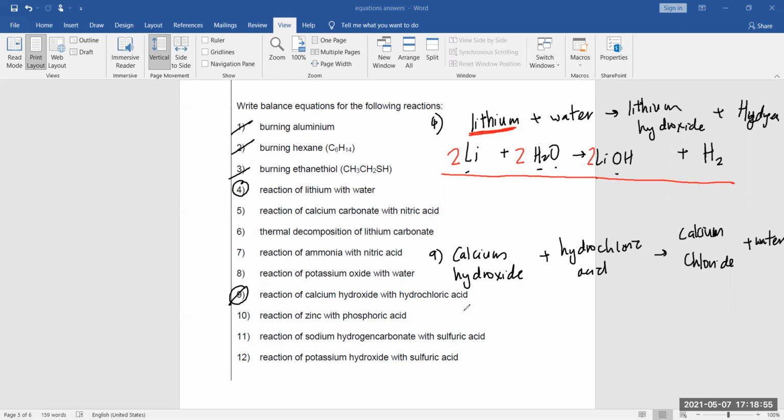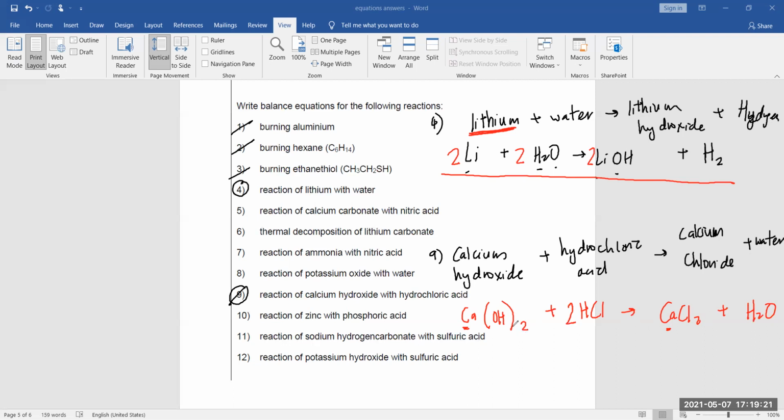Calcium hydroxide, Ca, remember hydroxide is OH negative 1, calcium is 2 positive, so it's Ca(OH)2. Hydrochloric acid becomes calcium chloride and water. This one is water. So 1 calcium, 2 chlorine, you put 2 here.